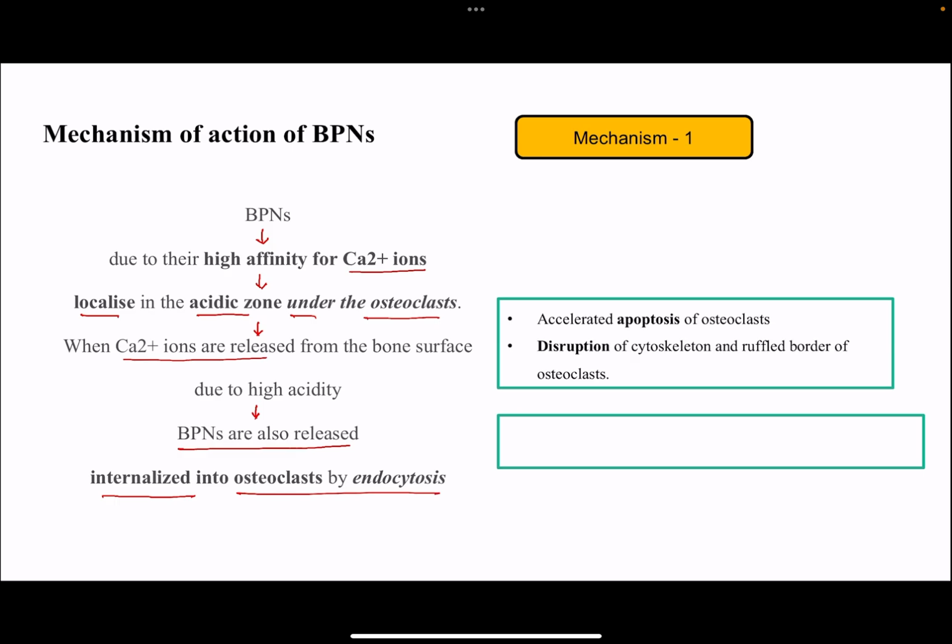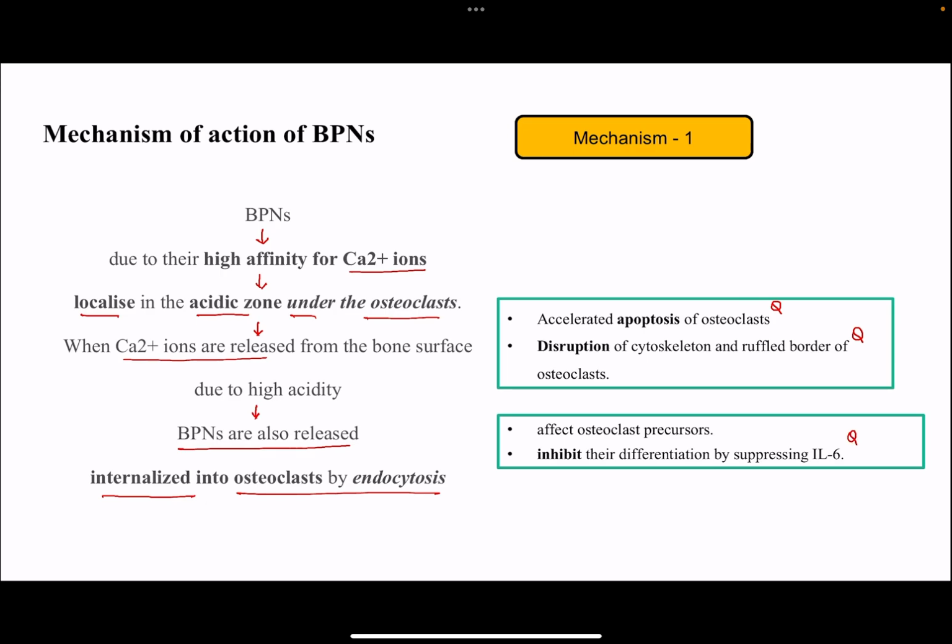Thereby it causes accelerated apoptosis, very important, accelerated apoptosis, and there will be disruption of the cytoskeleton, and the ruffled border of the osteoclast will be disturbed. It also affects the osteoclast precursor and inhibits the differentiation by suppressing interleukin 6.